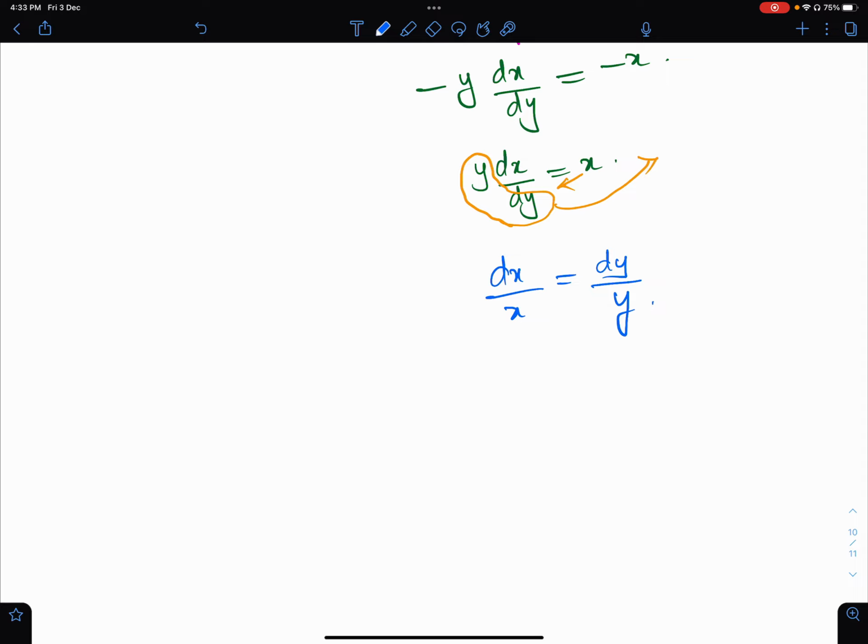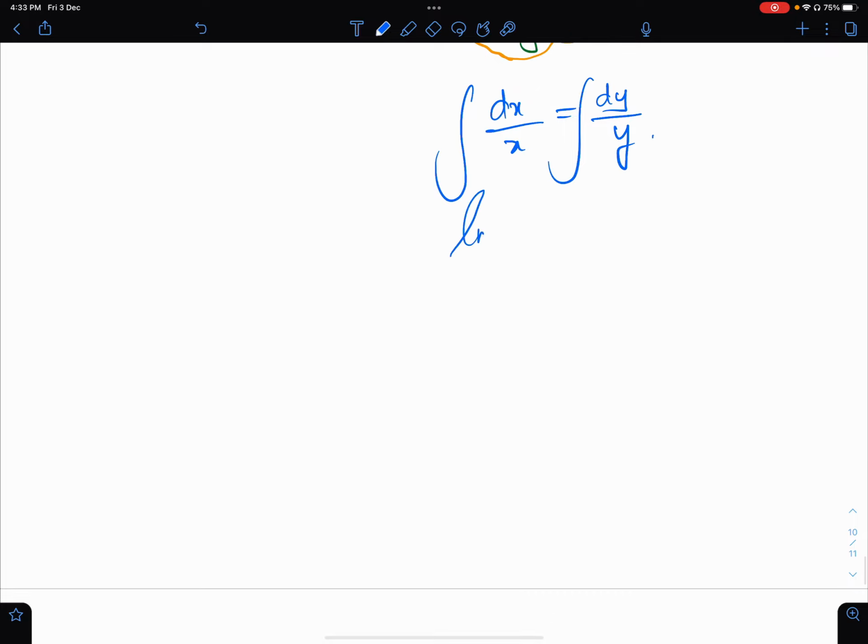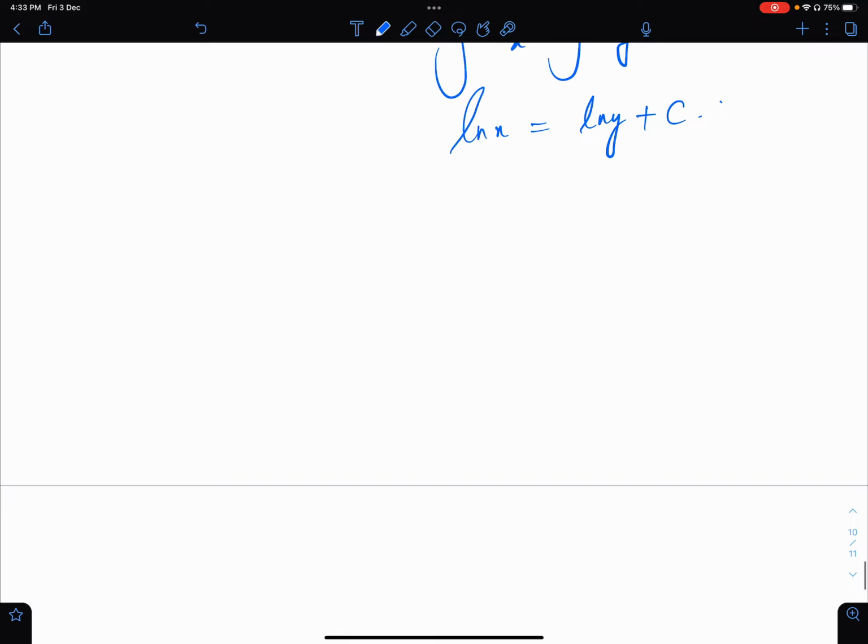Now integrate both sides. So what do you get? You get ln x equal to ln y plus ln c, because c is a constant, so ln c is also a constant. If you don't want to, you can write it as you like. I don't want to confuse you because it is normal to say just ln c. So write c, no problem.